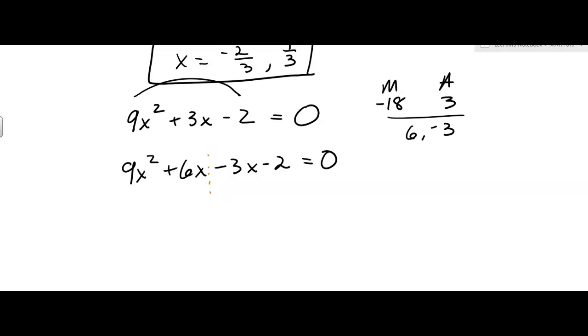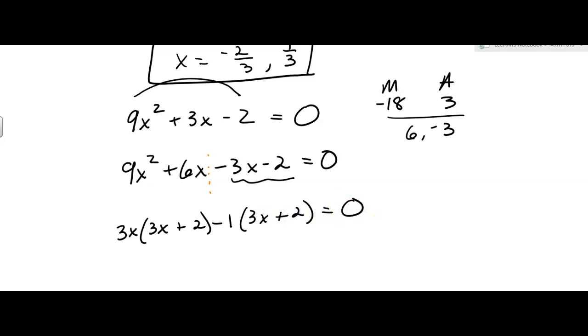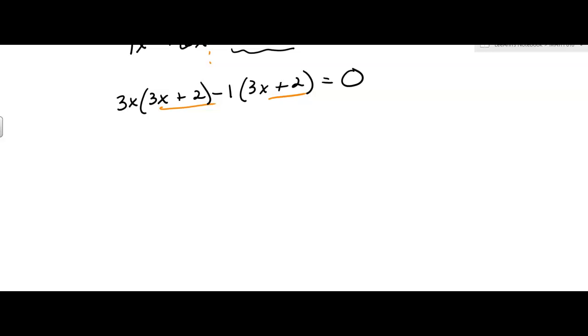And I don't know that I've done an example like this, very many of them anyway. Greatest common factor here is 3x. Greatest common factor back here is minus 1. And the parentheses are the same. Okay, so now I'm going to factor into 3x plus 2 times 3x minus 1 equals 0.